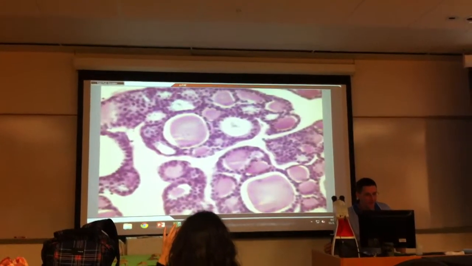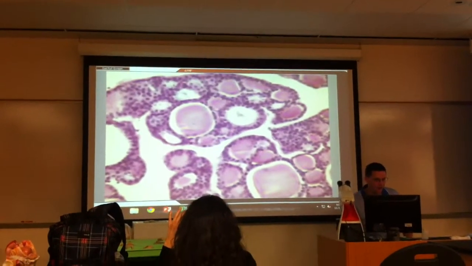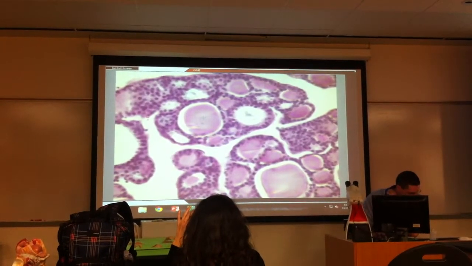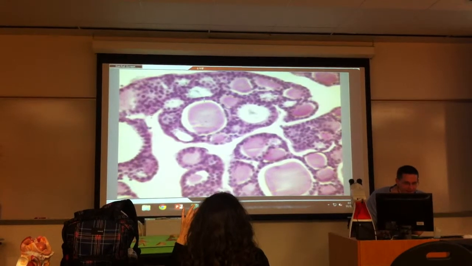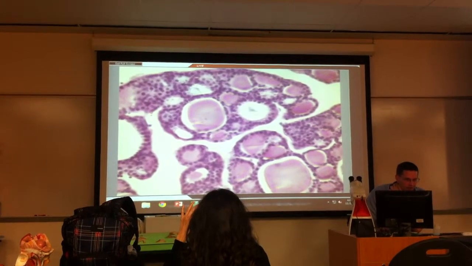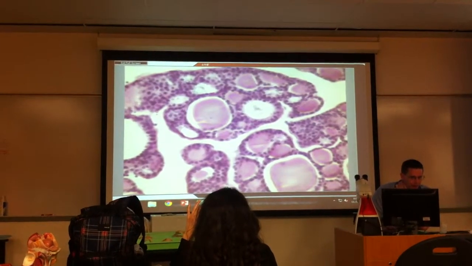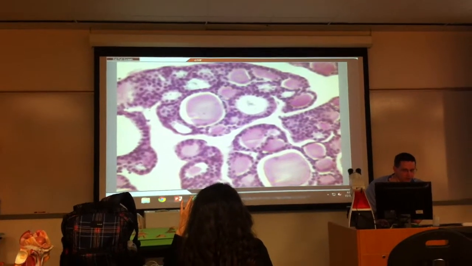The pink stuff in the middle, that fluid, is called colloid. Any cell touching the colloid is a follicular cell. Basically all the cells that go green around it there are follicular cells.